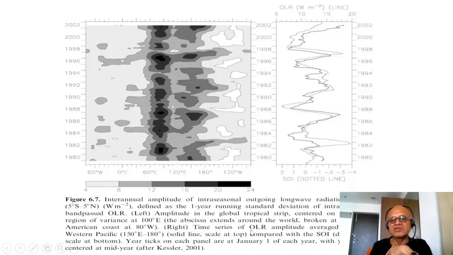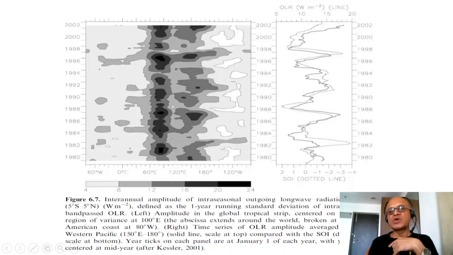Here we are looking at time series of the outgoing long wave radiation amplitude averaged over the western Pacific, 150 east to 180 degree dateline, compared with the southern oscillation index. The year ticks on the panel are January 1 of each year.